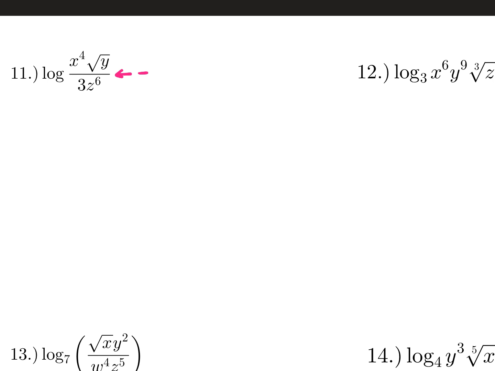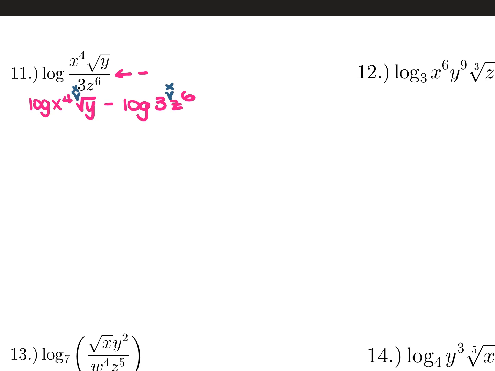So this is going to give you log of x to the 4th power square root y minus log of 3z to the 6th power. Now you have multiplication next with both parts of this on both sides of that subtraction sign. The 3 in front of the z is being multiplied by it.